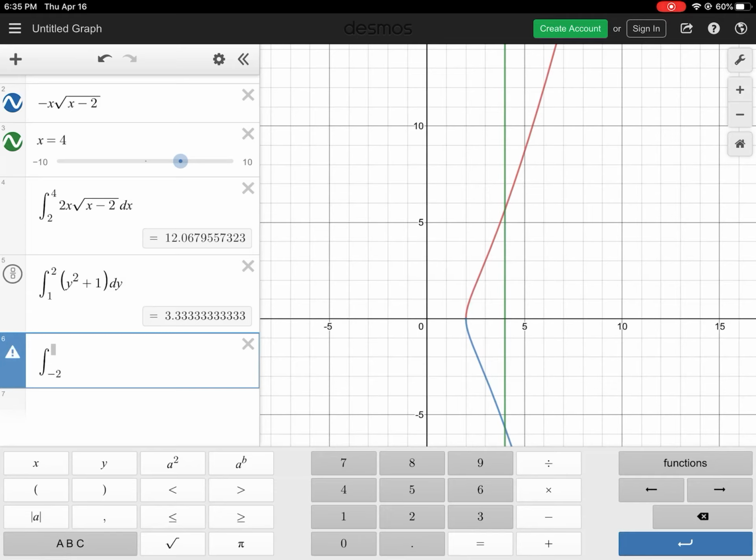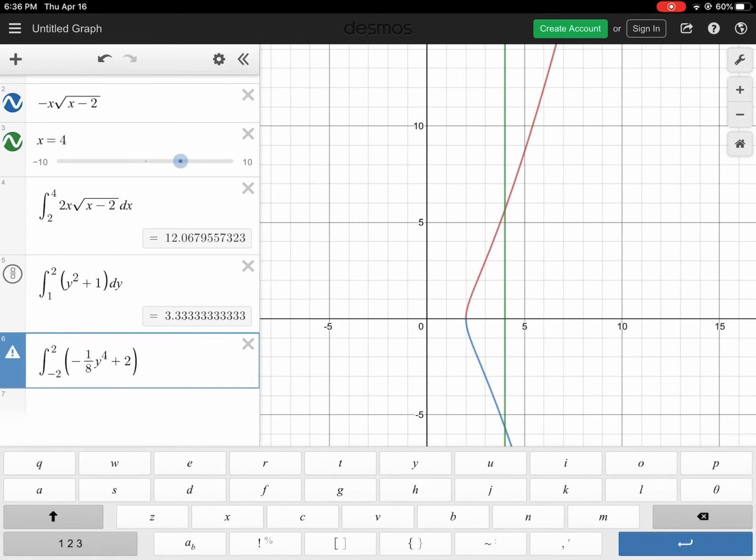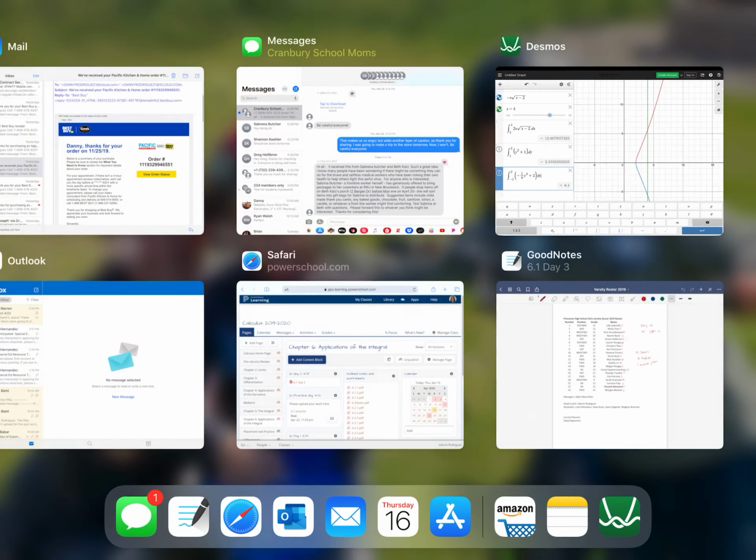So -2 until 2, negative division bar 1/8 y to the 4th plus 2, parenthesis, dy. 6.4.